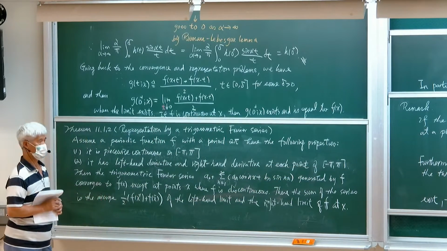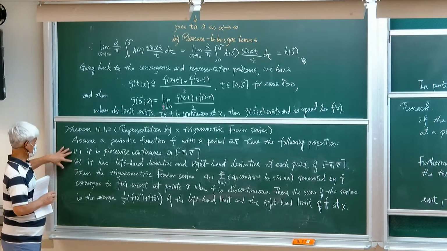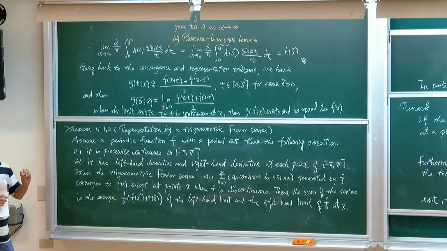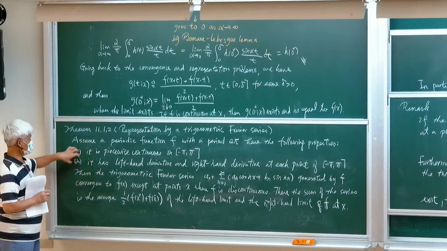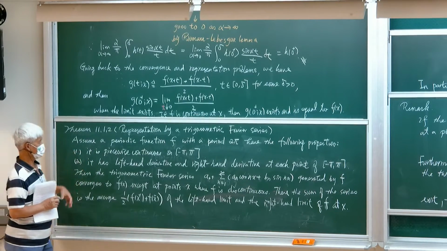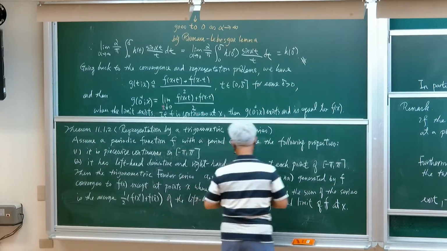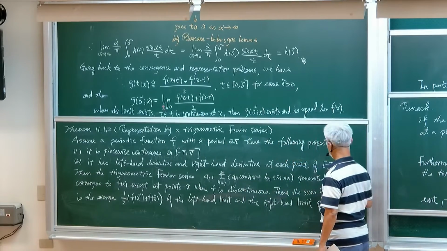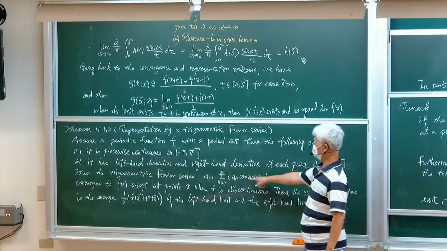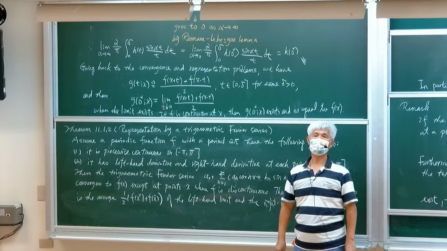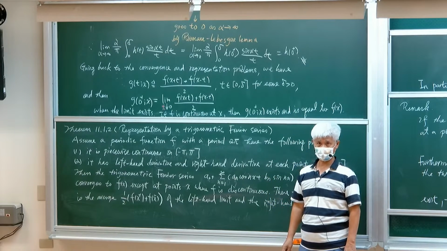So these two properties are not restrictive. It's still very general. Under these two conditions, the trigonometric Fourier series generated by f converges at every point.